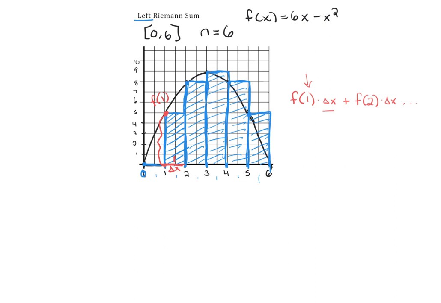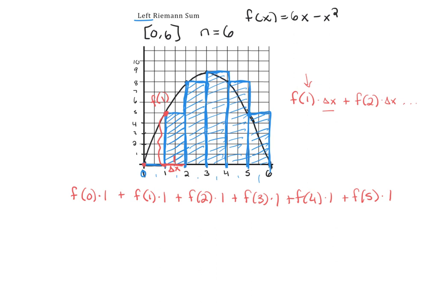Okay, so in this case, we're starting here. So this is f of 0 times our change, which in this case is 1. I'm going to write out the 1 just so we have this visual, plus f of 1 times 1, plus f of 2 times 1, plus f of 3 times 1, plus f of 4 times 1, plus f of 5 times 1.